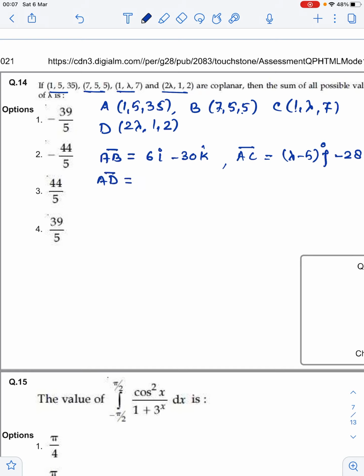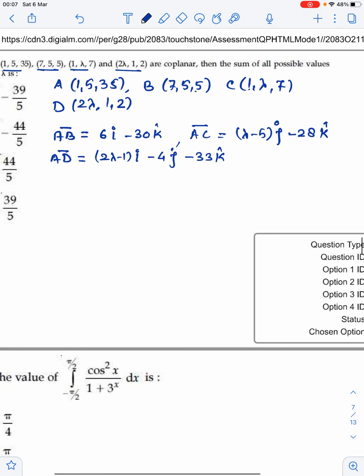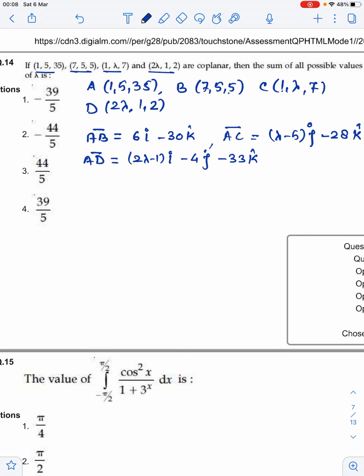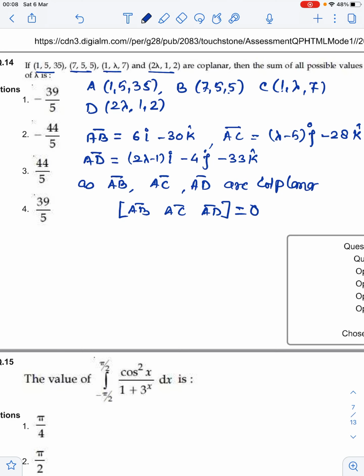Vector AD is 2 lambda minus 1 i, minus 4 j, and minus 33 k. Now as AB, AC, AD are coplanar, so the box product of these vectors AB, AC, AD is equal to 0.